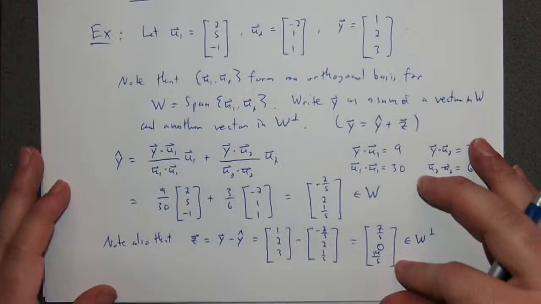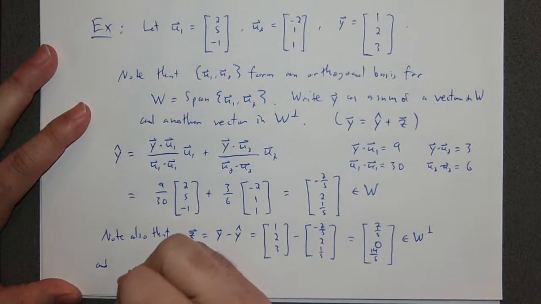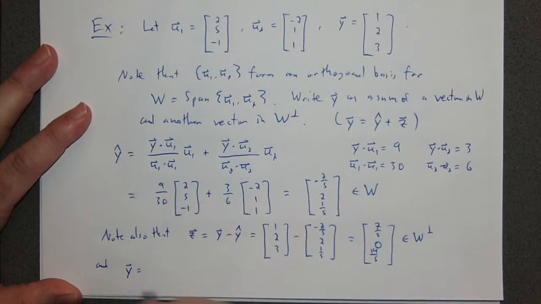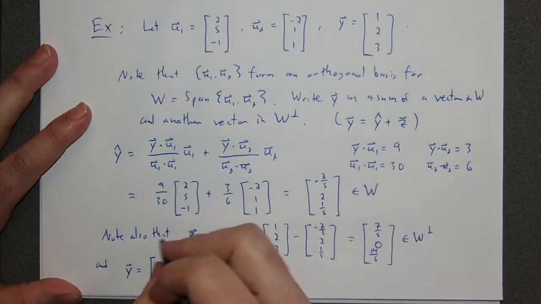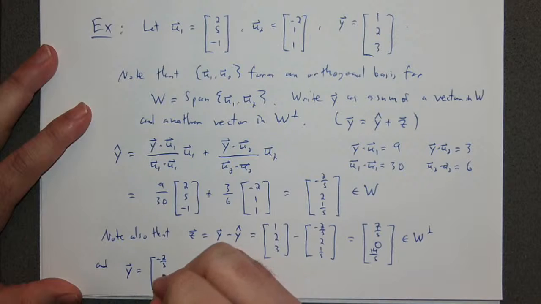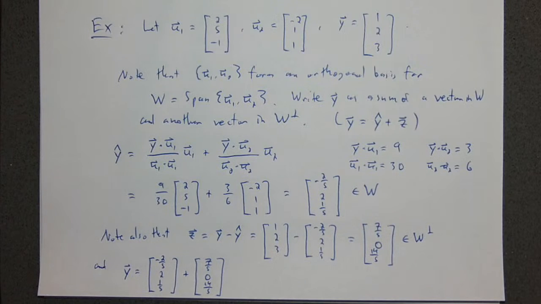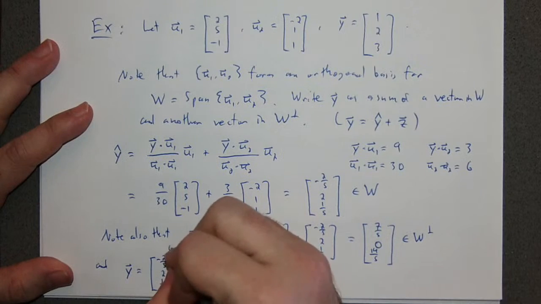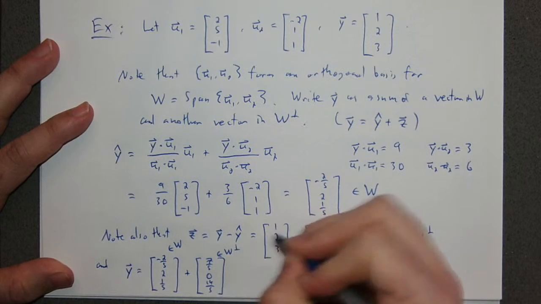Okay, and so y is expressible as minus 2 fifths, 2, 1/5, plus 7 fifths, 0, 14 fifths, where this vector is in W and this vector is in W perp.